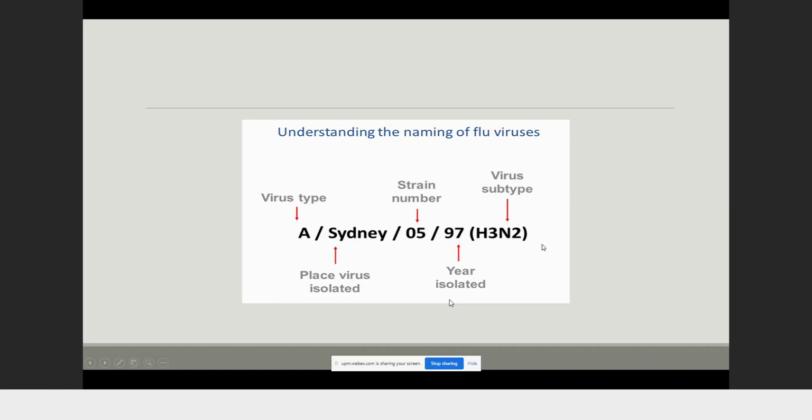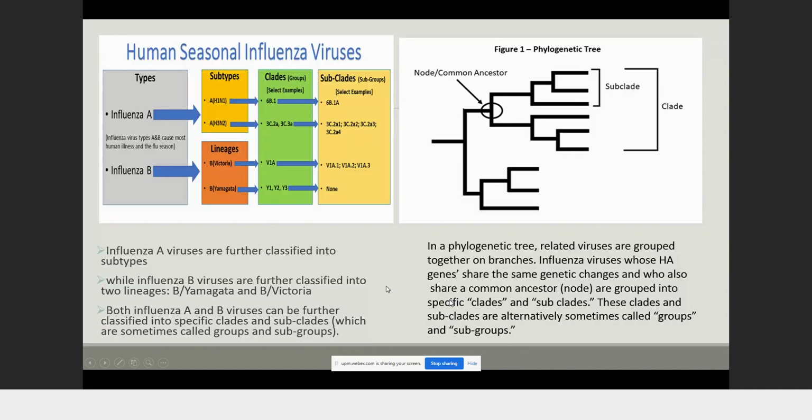So this is basically how naming of flu virus is carried out. Okay, so you will see that influenza virus is quite complicated because it easily undergoes mutation. So naming or grouping of it is quite important.